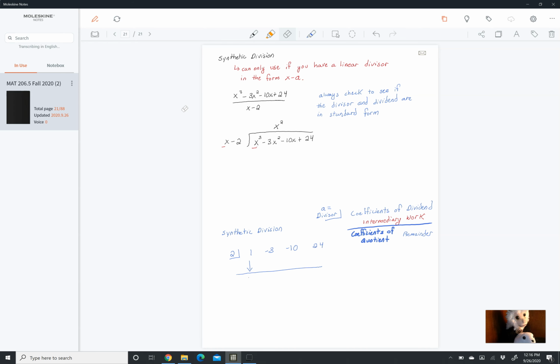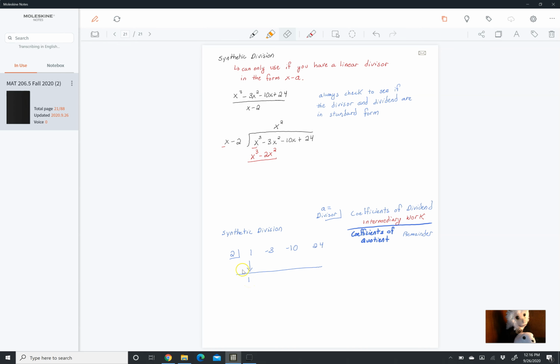And we're going to do this a lot, so if you're having trouble understanding what's going on right now, just wait for another example too, okay? The next thing that we did is we took this x squared and we multiplied it by the divisor. So we did this x squared times x, which was the x cubed, and then x squared times negative 2, which gave us negative 2x squared. And that's exactly what we do here.